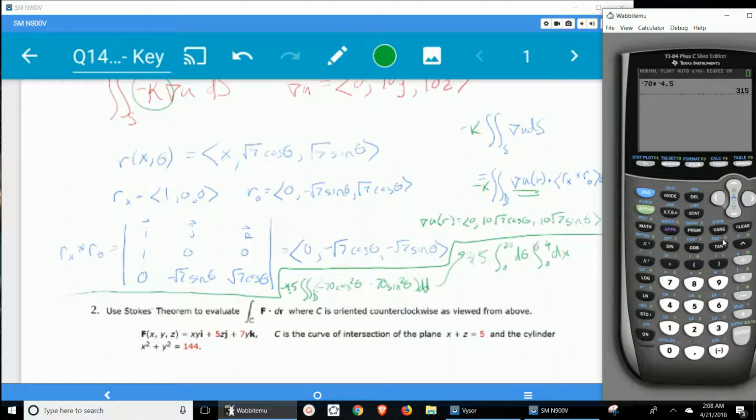So I'd multiply 2 pi by 4 by this, and I end up getting 2520 pi. That's my final answer.